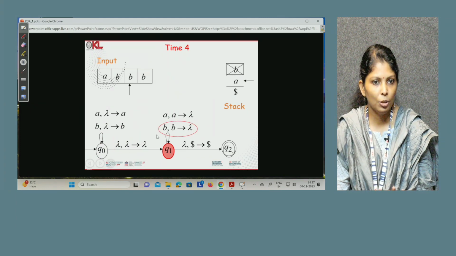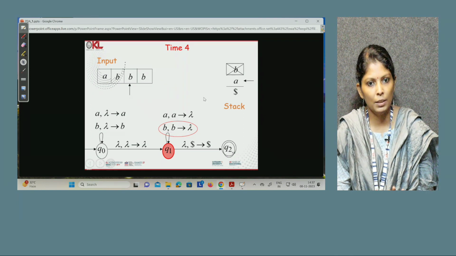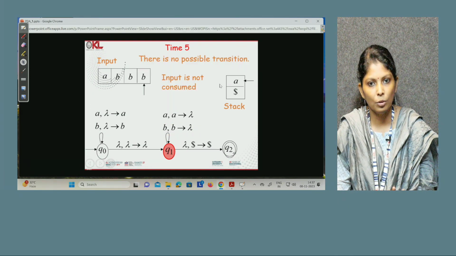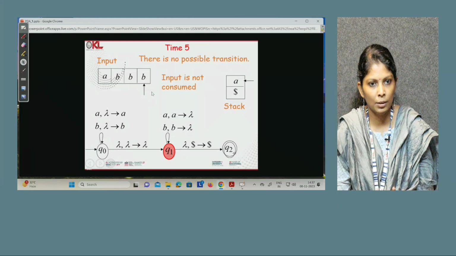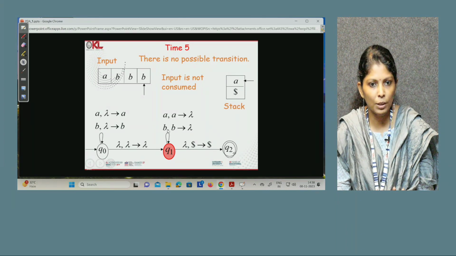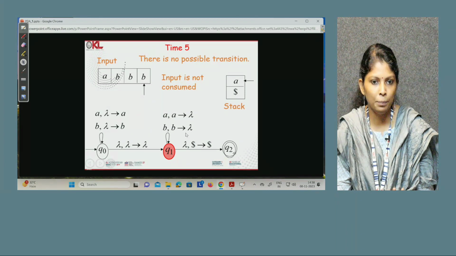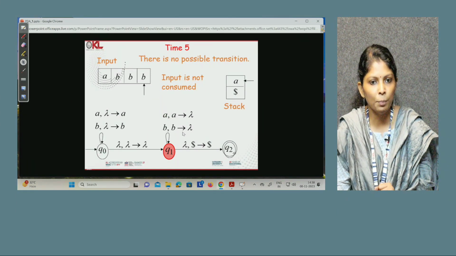And what happened in Q1, we are reading the next B, we are going to check whether B and the stack top is also B. Then we will pop that B. So the stack is remaining with A, the stack is having A. And we have another B over here on the input, and there is no transition defined for input B and stack top A. Okay, input is B, we are expecting stack top as B. If any other condition comes, the machine cannot process it.